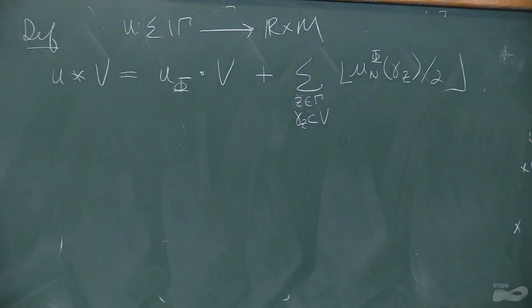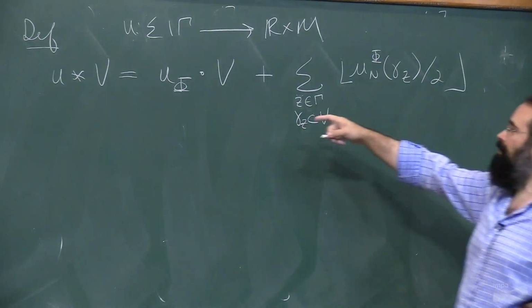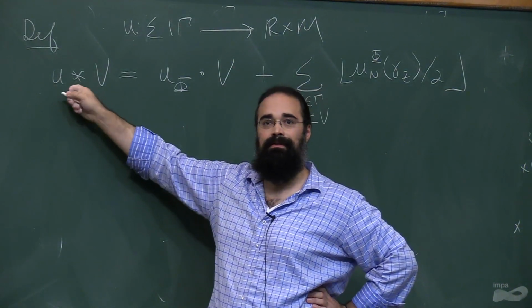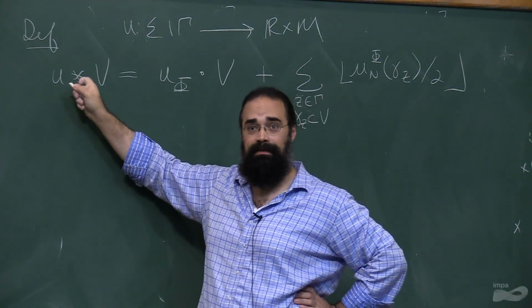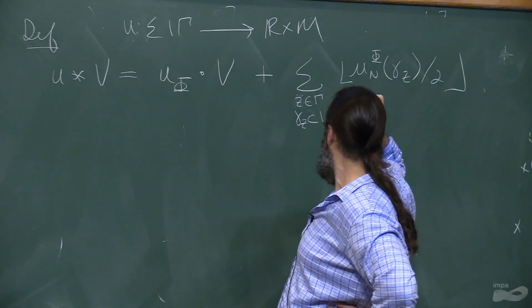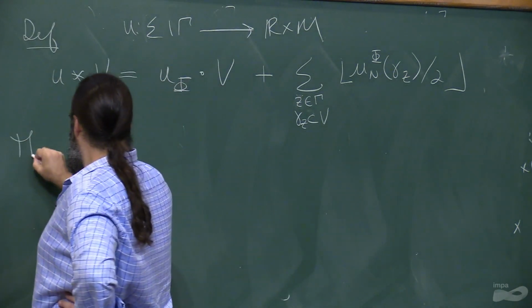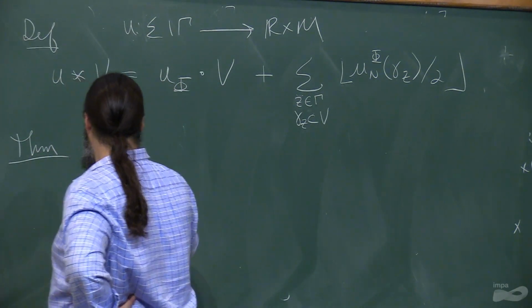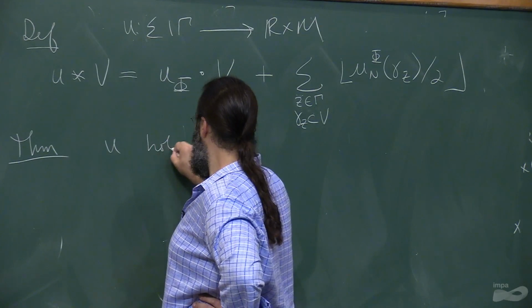Okay, so this is this weird product that one can define. It depends on a choice of trivialization over here, but the fact that I left it off over here seems to hint at the fact that it doesn't there, and in fact it does not. The trivialization dependence of these two terms balances out. And so the theorem then says, so U should be holomorphic.